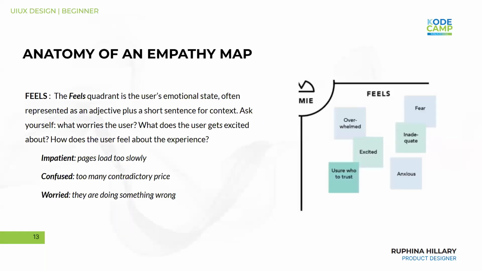Now the next one is the Feels. The Feels quadrant is the user's emotional state. Most times we use an adjective here. You're not concerned with what they are saying or what they are thinking, just an adjective to describe what they are feeling at that moment. They could be overwhelmed. They could be excited to use your product. They could be scared. They could feel anxious. They could feel inadequate.